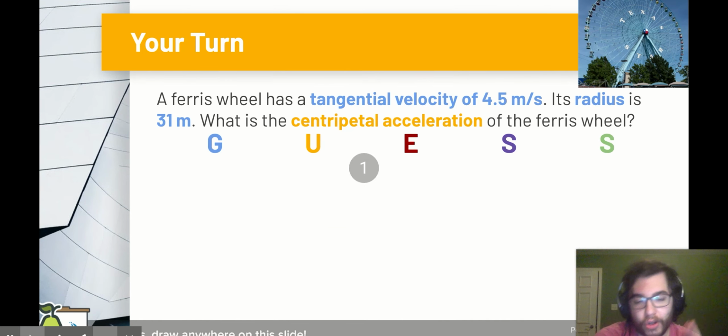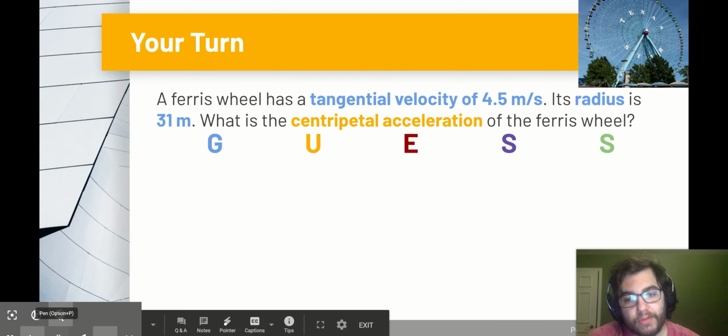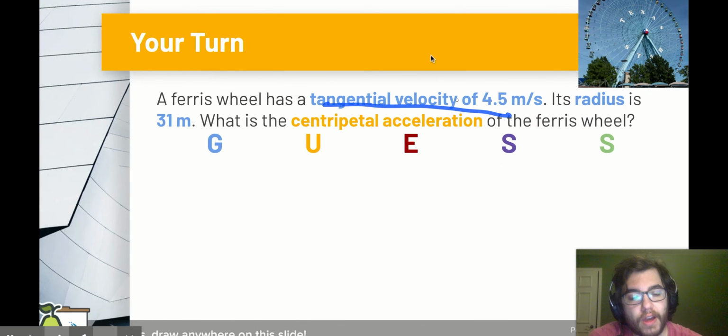Okay, so here are the answers to the centripetal acceleration problems. A Ferris wheel has a tangential velocity of 4.5, so we know this is 4.5 vt. Its radius is 31 meters, so that would be r.